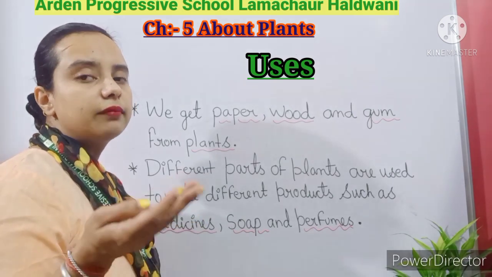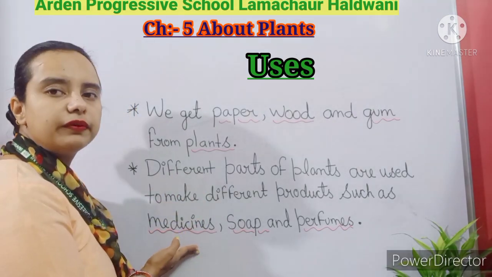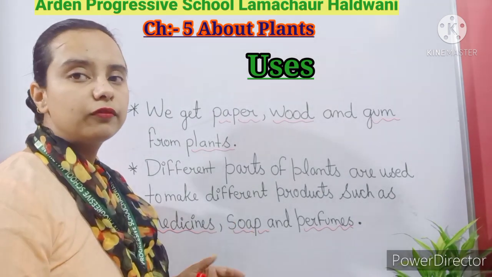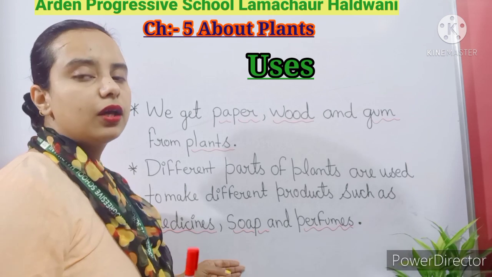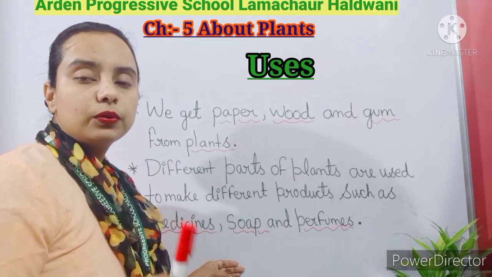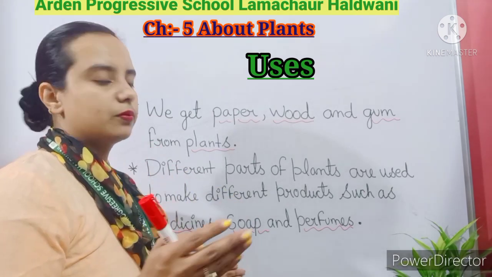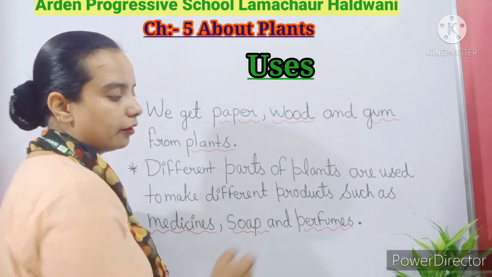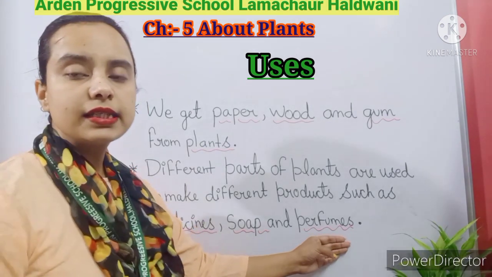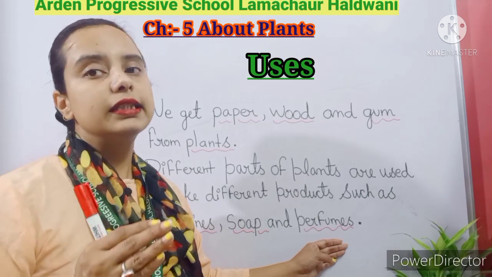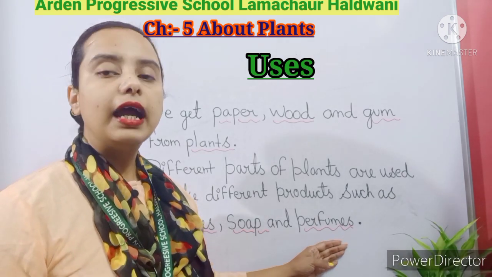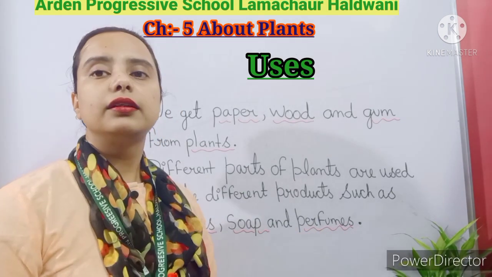Next is soap. The example I have told you is the buffalo berries, whose berries and leaves are used to make soap and shampoos. Next are perfumes, and the example of a plant from which we get perfume is night blooming jasmine, in Hindi Raat Ki Rani. Another example we can take is the rose.